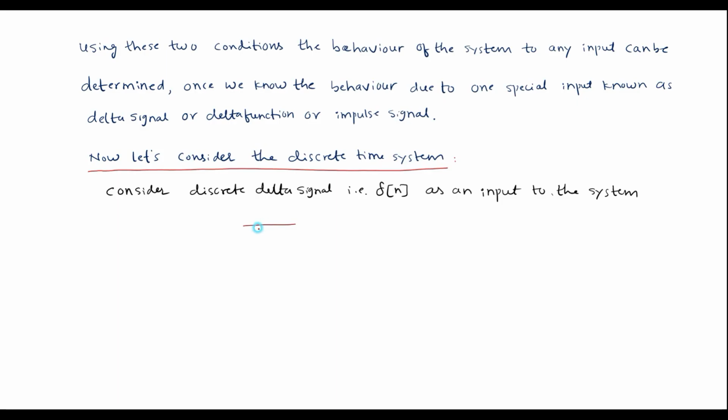We know that suppose the system is having the operator H, and the input signal x of n is equal to delta signal, that is delta of n. Then the output of the system y of n can be represented as H of x of n, and as x of n is equal to impulse signal delta of n, we will call it h of n.